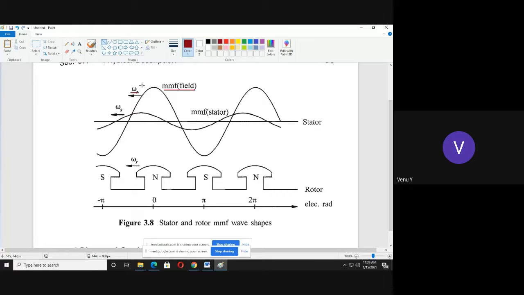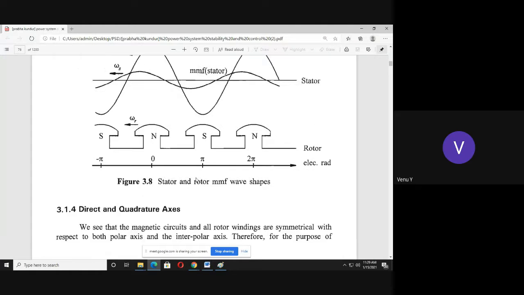The speed of the rotor is omega r, and the speed of the stator field is omega s. The stator field is leading the rotor field, a stator wave ahead of the rotor MMF wave.